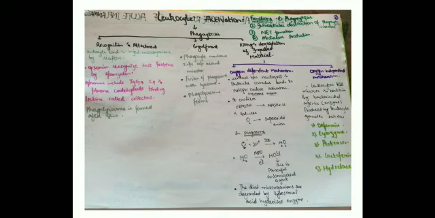Let's talk about leukocyte activation now. Leukocyte activation has the following functions. Number one, phagocytosis of particles. Second, intracellular digestion or destruction of phagocytosed microbes and dead cells by substances produced in the phagosome.